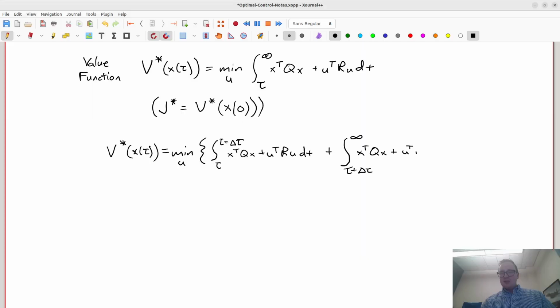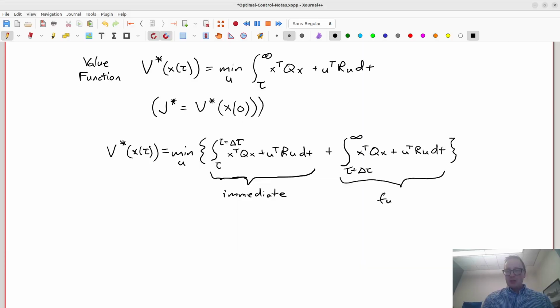And this technique of dividing this into an immediate reward and a future reward is one form of a technique called dynamic programming. So dynamic programming is breaking a large optimization problem into a bunch of small optimization problems. So we've got the immediate reward that we get just in an infinitesimally small amount of time, and then we also have the future reward that we'll get in the future.